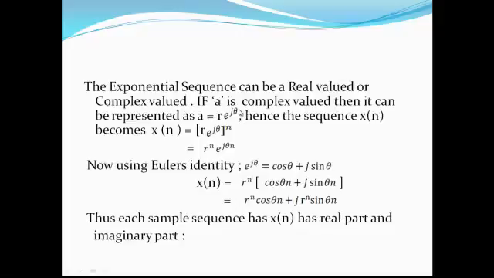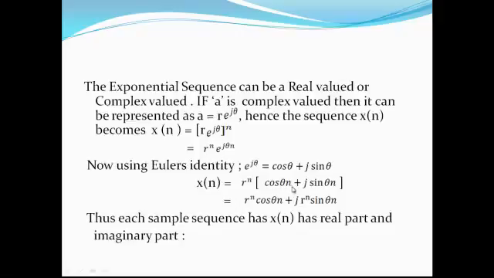Hence, when you substitute this value, see it's a raised to the power n. Instead of a, I write r e^(j theta) raised to the power n. So r^n e raised to the power j theta n. Now apply Euler's identity. What is that? e raised to the power j theta is equal to cos theta plus j sin theta. See, now here r raised to the power n as it is. Instead of e raised to the power j theta n, I will write cos theta plus j sin theta raised to the power n.